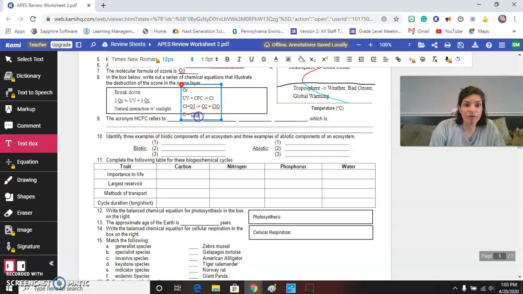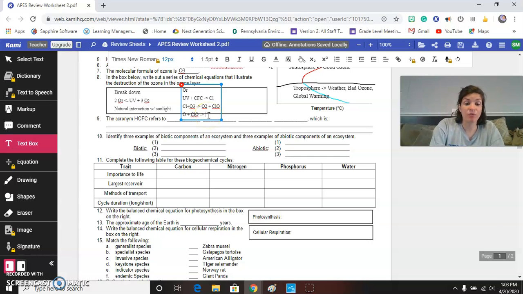Okay, so chlorine steals an oxygen from ozone, but oxygen doesn't like it. So if there's a free radical oxygen floating around, which happens quite often, it's going to say, wait, I want that oxygen, and so it'll steal it back.